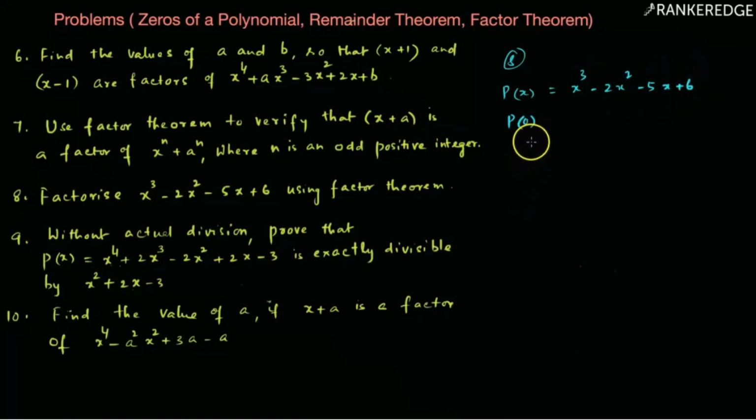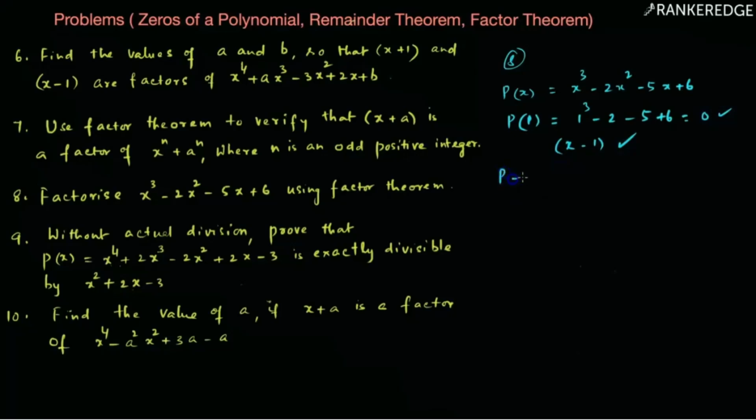I'll try p of 1 first. If p of 1 comes out to be 0, then I can say x minus 1 is a factor. Let's see whether it's 0 or not. 1 cube minus 2 into 1 square is minus 2, minus 5 plus 6. This will give me what? 6 plus 1 is 7. 7 minus 7, 0. So I can say x minus 1 is a factor.